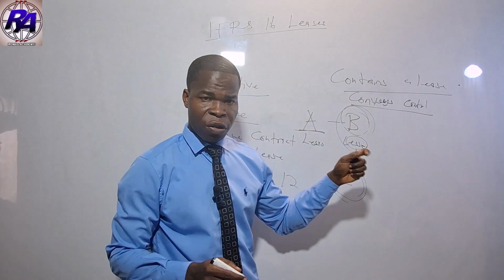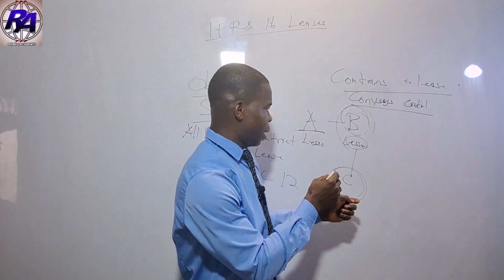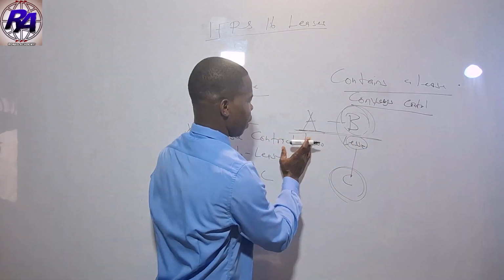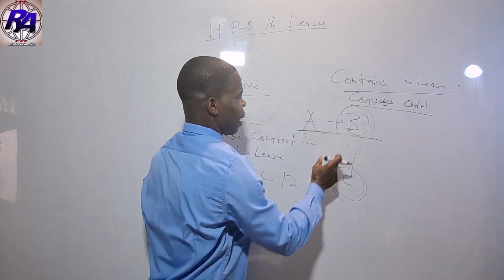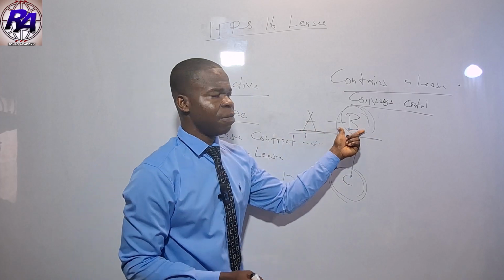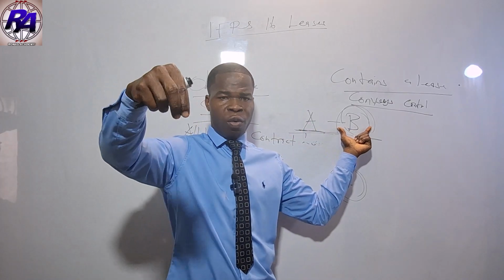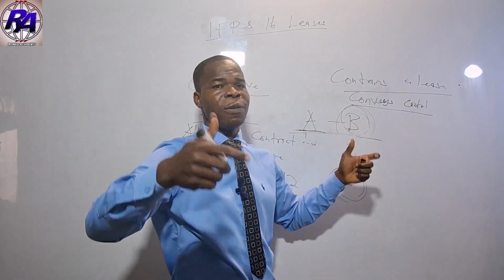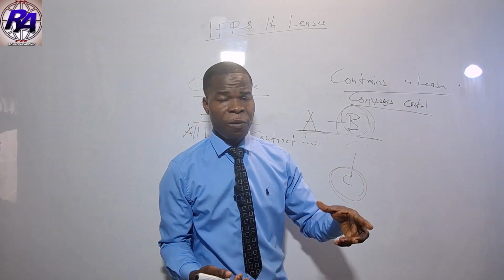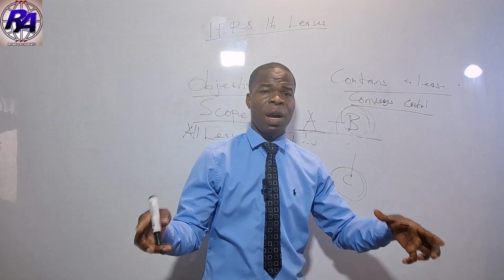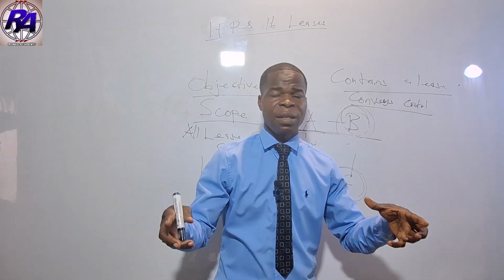So in the contract, let me use party A and party B. Party A and party B are having a contract, and party B has obtained control of an identified asset. Let's use a phone, for instance. You are going to use the phone for 6 months, for 1 year, for 3 years. That is the contract.